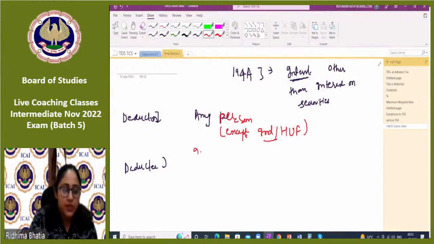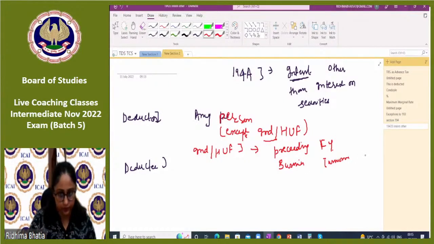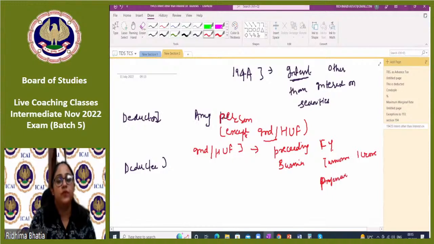But individual and HUF only when, in their preceding financial year, if they are doing business, the turnover is more than 1 crore, or if they're into a profession, then the gross receipts are more than 50 lakhs.